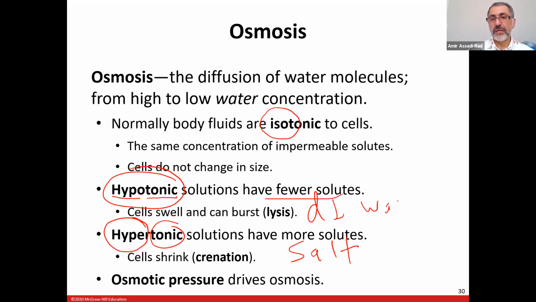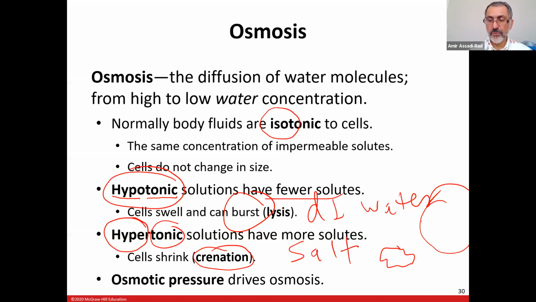So in case of deionized water, there is more water outside of the cell, and the water goes inside of the cell, and the cell bursts. This one, they call it crenation, when the cell shrinks. This one, the cell becomes huge and bursts open.